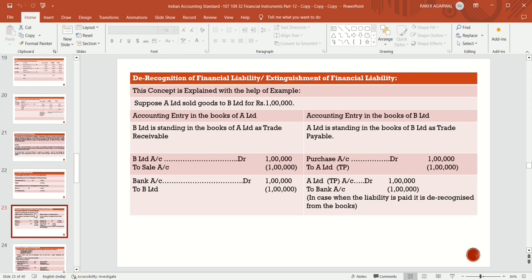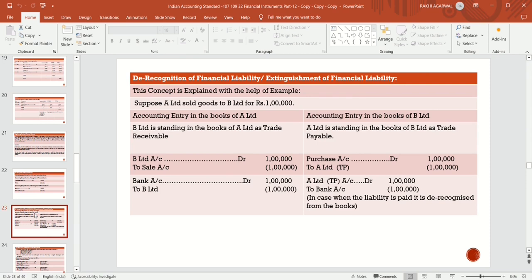And when they de-recognize, when they actually pay the liability, the A Limited account, that is creditor account, is debited by 1 lakh to bank. In the books of A Limited it will be a financial asset, and in the books of B Limited he will create a financial liability.